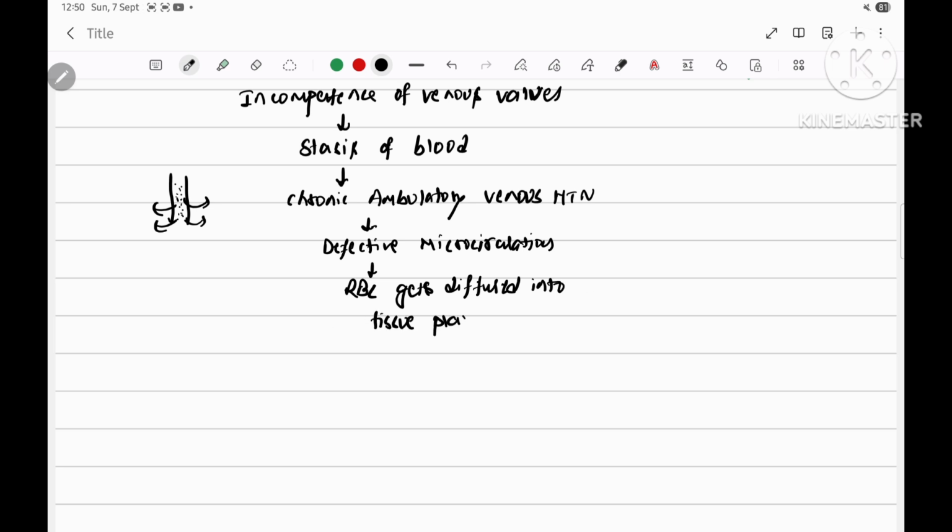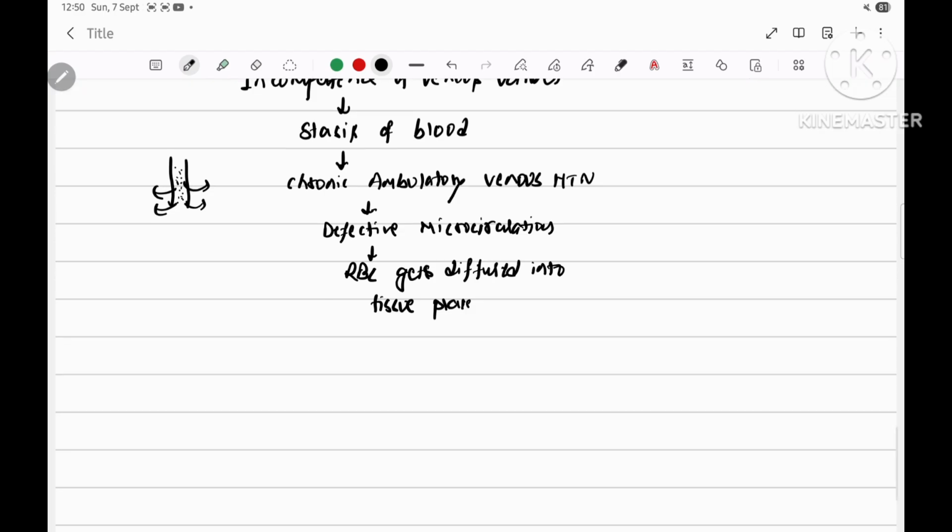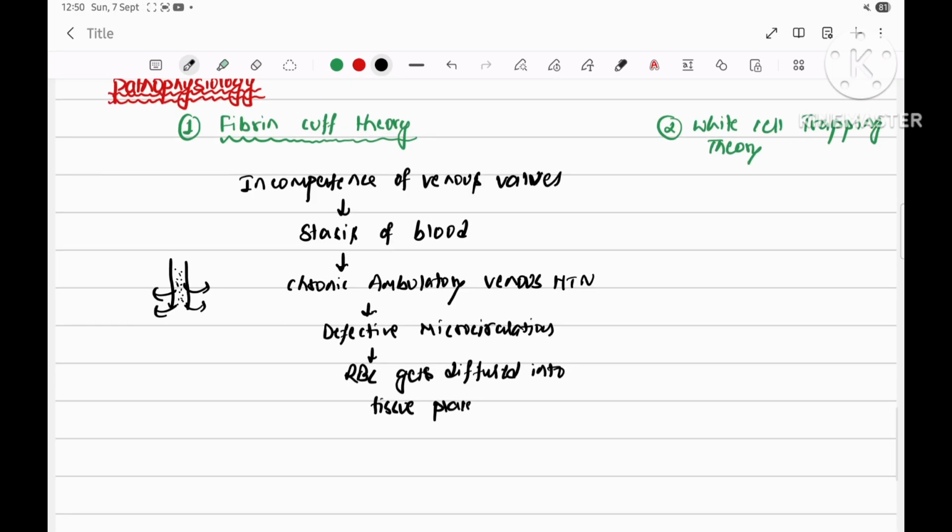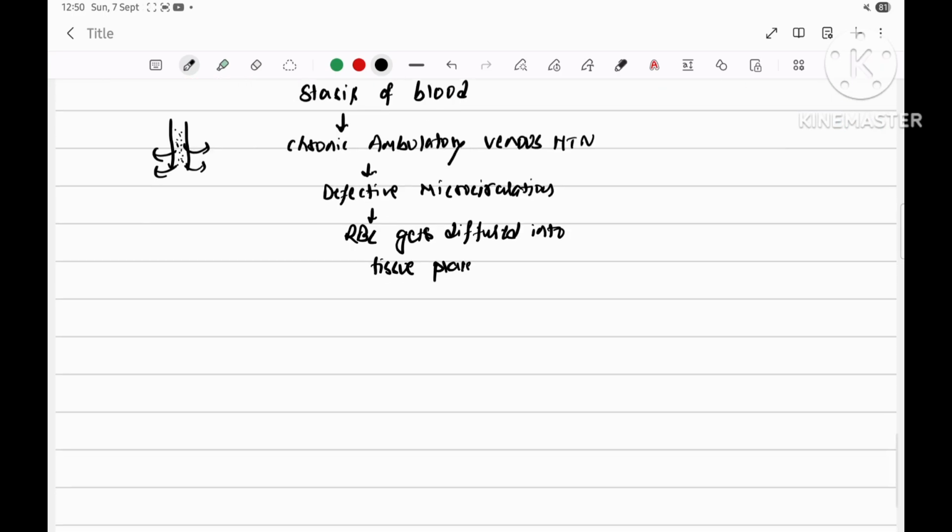When these RBCs get diffused into tissue planes, we know that varicose vein occurs most commonly in the great saphenous vein. The great saphenous vein lies medial to the medial malleolus, and at the region of the medial malleolus there is very high pressure.